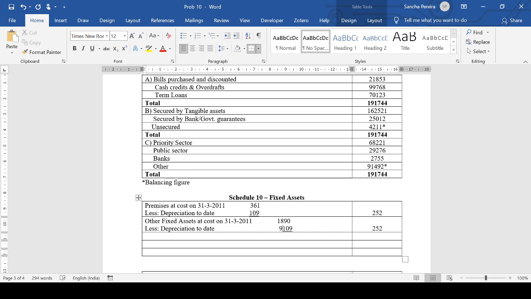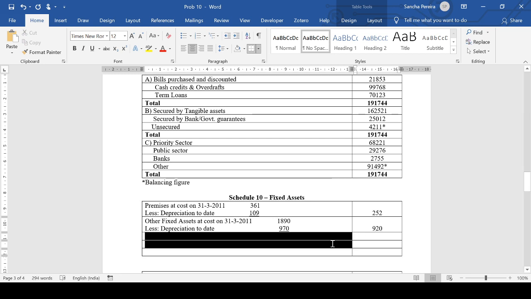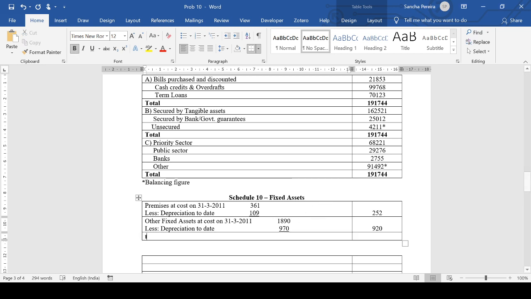So that amount comes to 920. So the total of the fixed assets is 117.